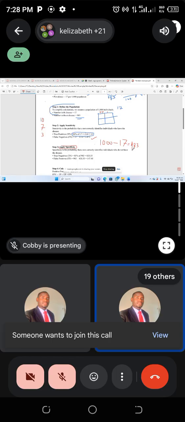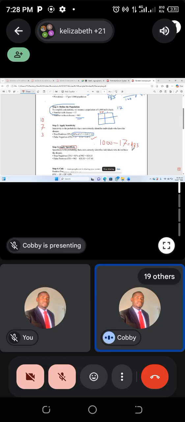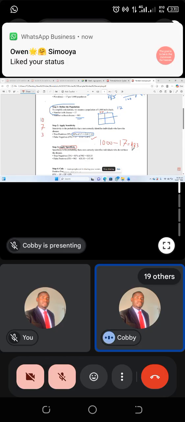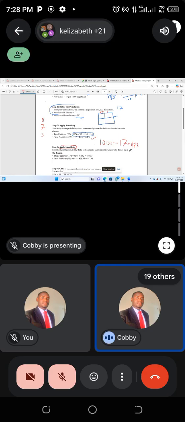These people are not sick. Even if they feel like they have malaria, they don't have malaria. So now, according to our situation, what is the specificity of this test kit that we are using? 85%. So it is good. Out of these people who do not have the disease, 85% of them are going to test negative.